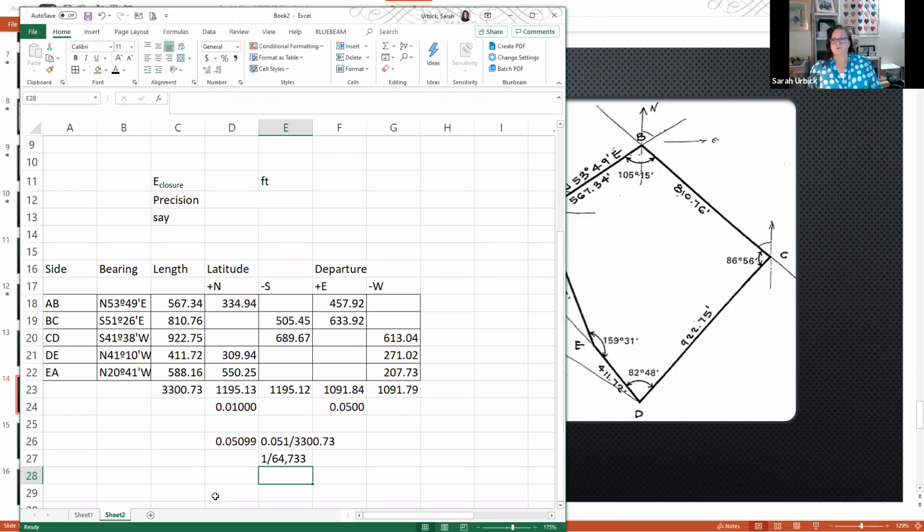So we are off by 1 foot for every 64,733 feet that we traverse. Not bad.